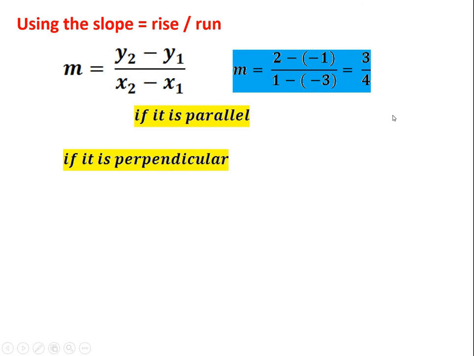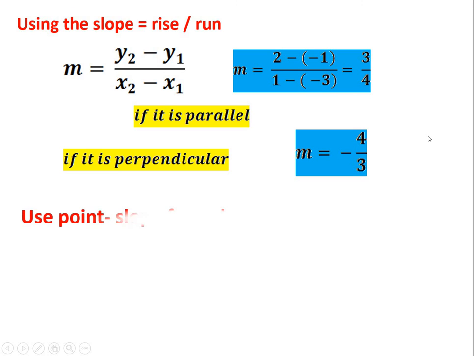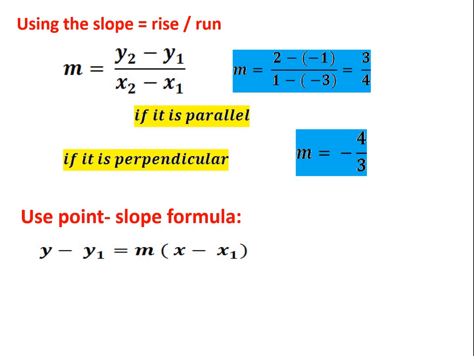If it is perpendicular, the slope is the negative reciprocal of the given slope. Okay, so use the point-slope formula: y minus y1 equals the slope times x minus x1. So y minus 2 is equal to negative 4/3, by substitution, times x minus 1.